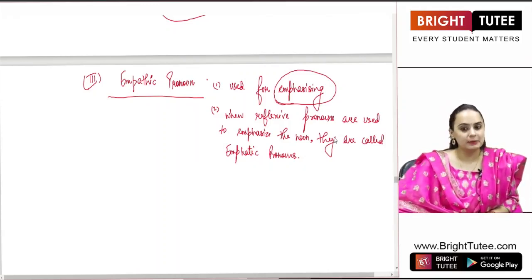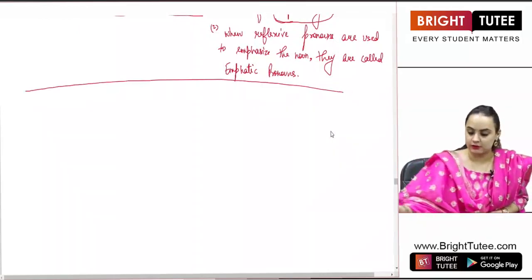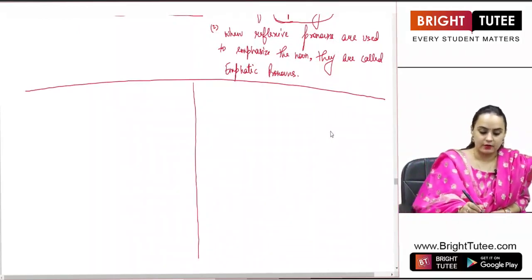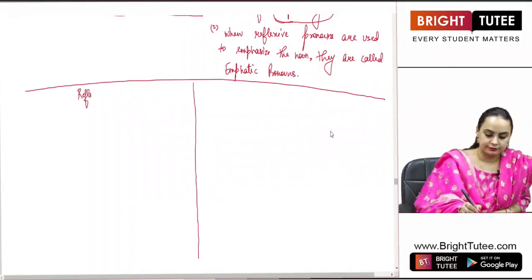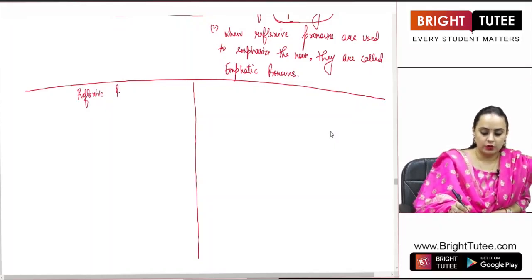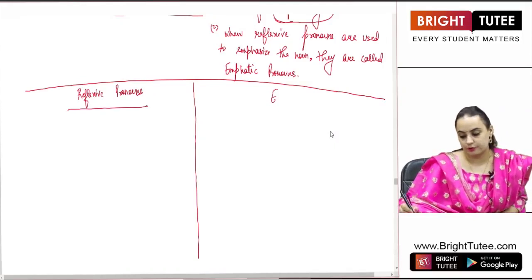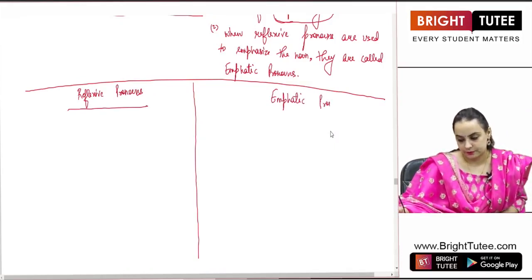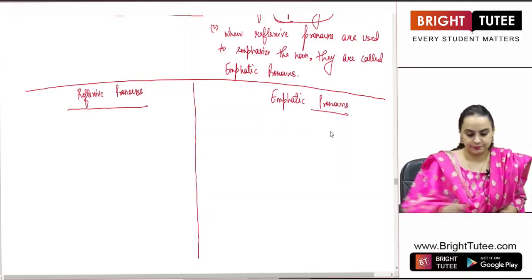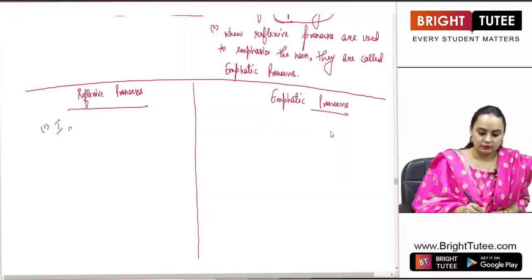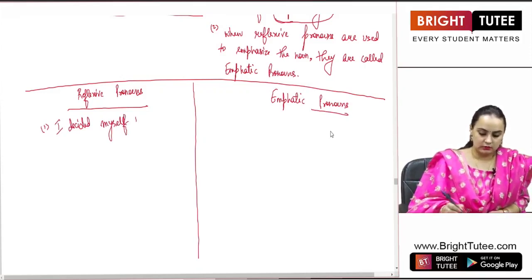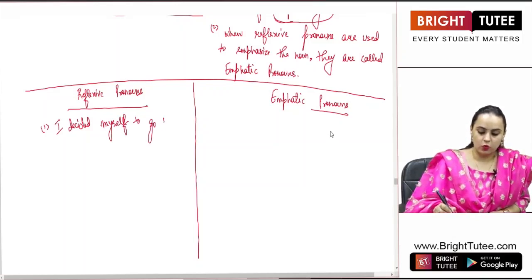Now, what do I mean by that? Just look at the difference. I am going to draw two columns so that the usage of both reflexive and emphatic pronouns is clear to you. I decided myself to go there.